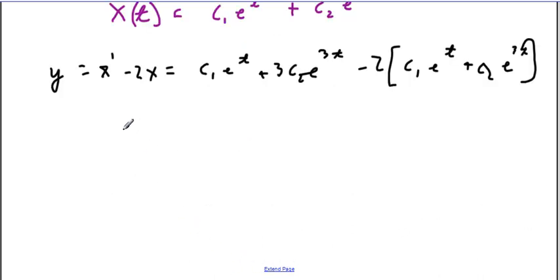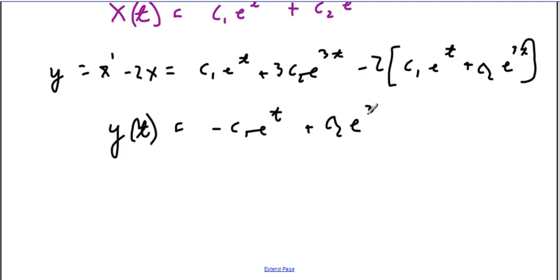And we're going to get that y of t is equal to minus c1 e to the t plus c2 e to the 3t.